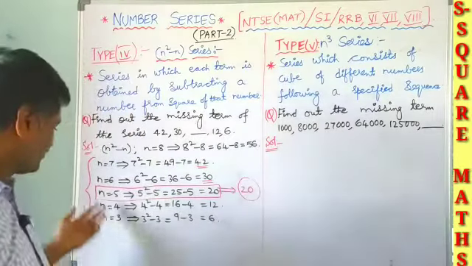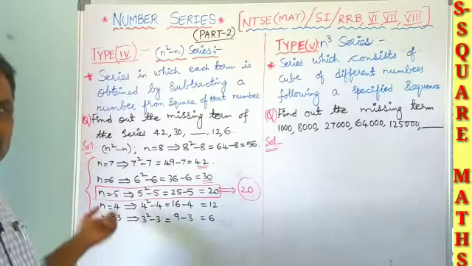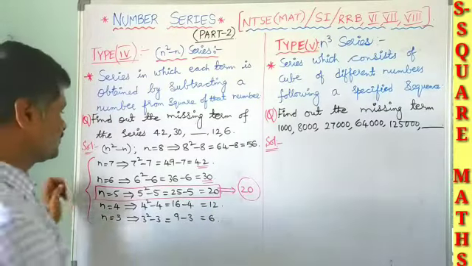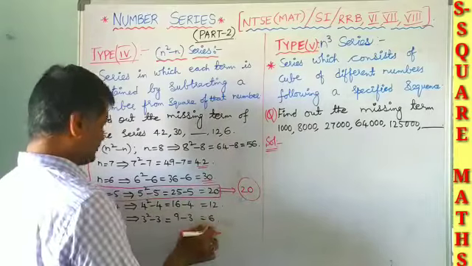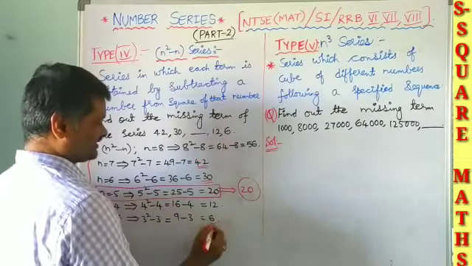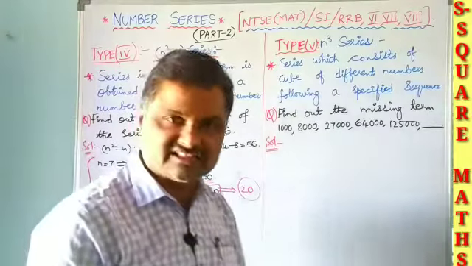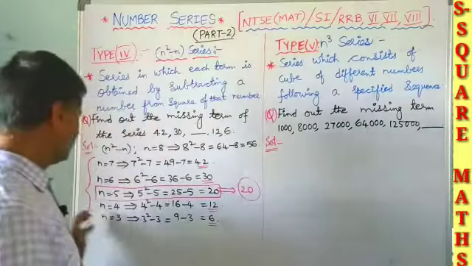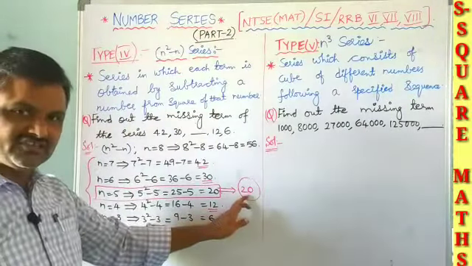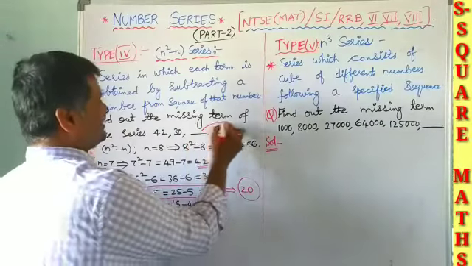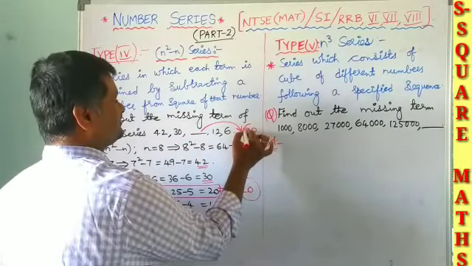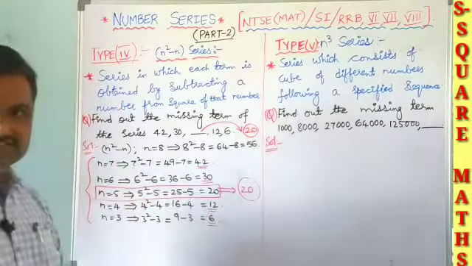Next we have to check whether it is possible for the other numbers or not. n is equal to 4, 12 and 12; n is equal to 3, 6 and 6. So in the n is equal to 4 and n is equal to 3 cases also we got the same. Hence the missing term of the series is nothing but 20.